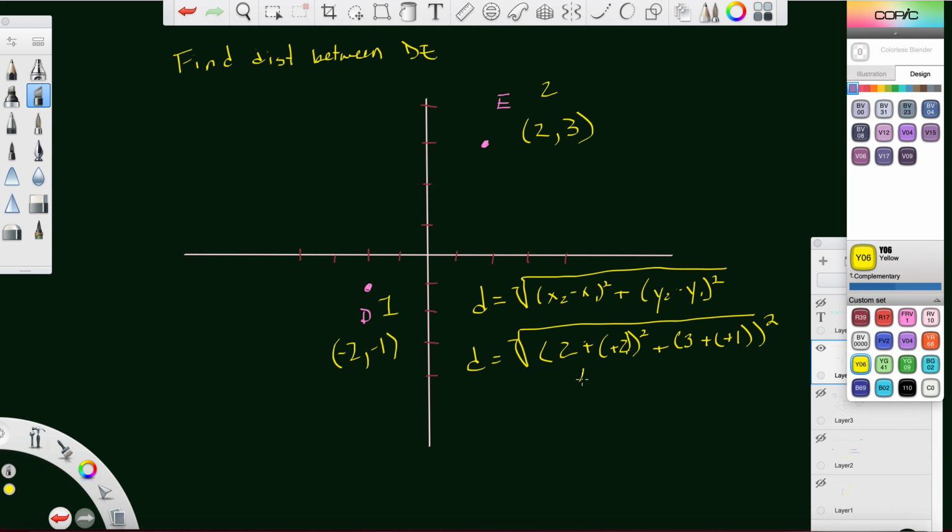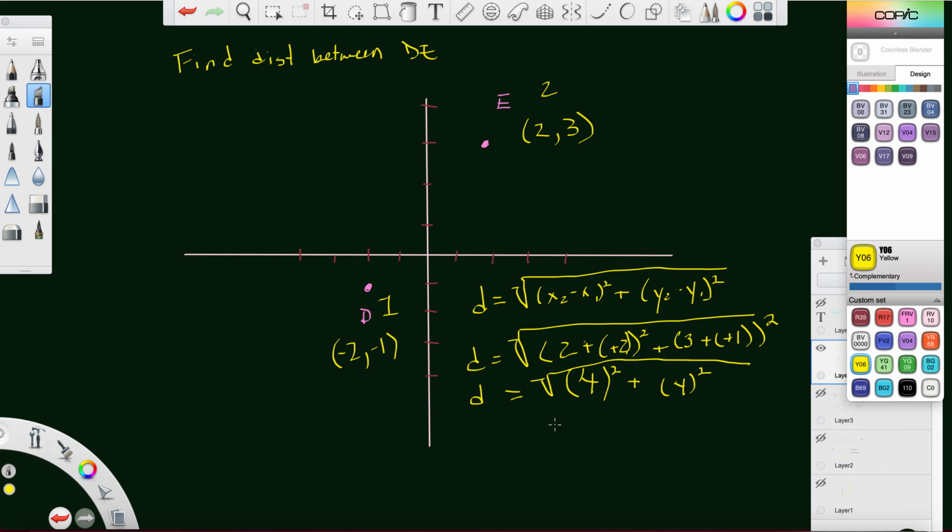So 2 plus 2 is 4, or 2 minus negative 2 is 4, squared, plus 3 minus negative 1, or 3 plus 1 is 4, squared. Cool. And this is not a perfect square, right?